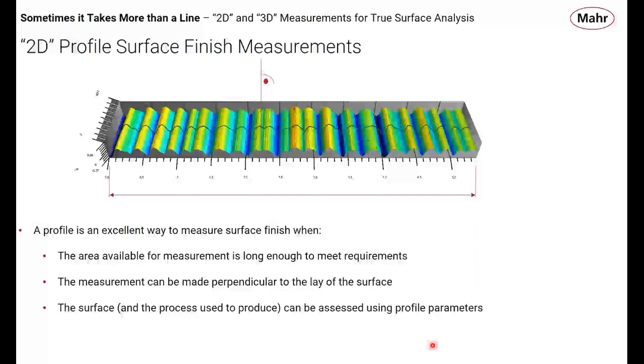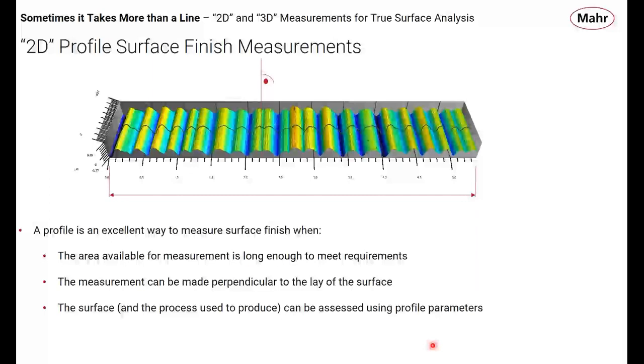Back to 2D quickly, I'll put a couple more conditions, a couple more requirements on 2D measurements. And you'll understand in a couple of slides why I'm doing this. Some guidelines and requirements for doing 2D profile measurements set by ISO or ASME are, we really need to have enough measurement length.